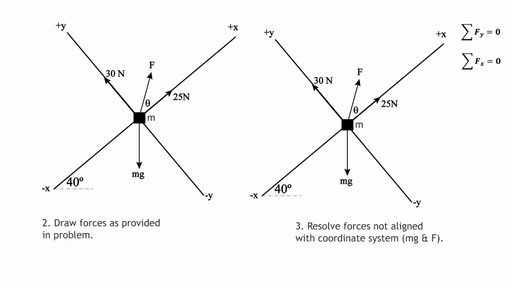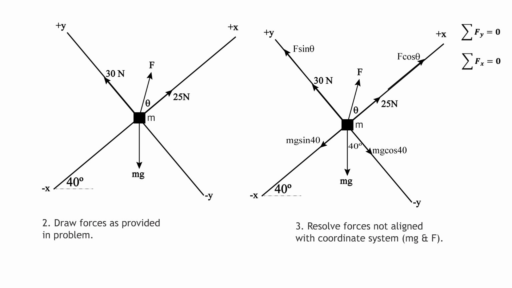Down the slope in the negative x direction is mg sine 40, that's the body's weight down the slope. And mg cos 40 is the resolved force in the negative y direction. And for the F force, you've got F cos theta in the positive x direction, and F sine theta in the positive y direction.